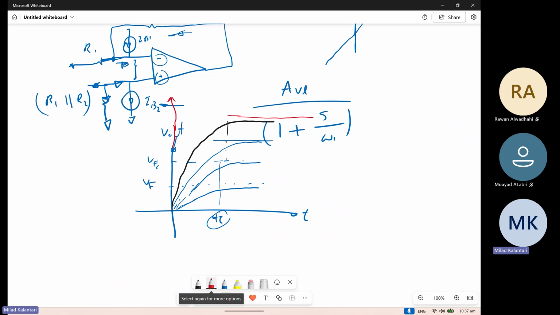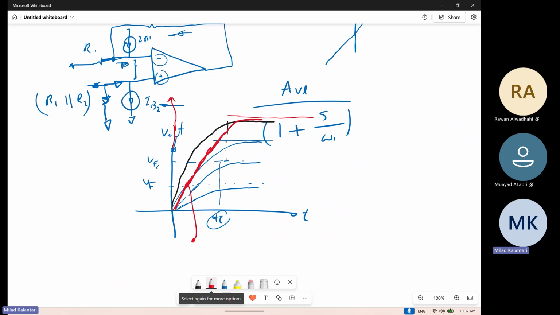But in fact, what you will see is that the slope cannot be faster than this. It goes with this slope, not a higher slope, and then reaches the final value. Then we realize that the op-amp has another limit: with how much rate the output can change.